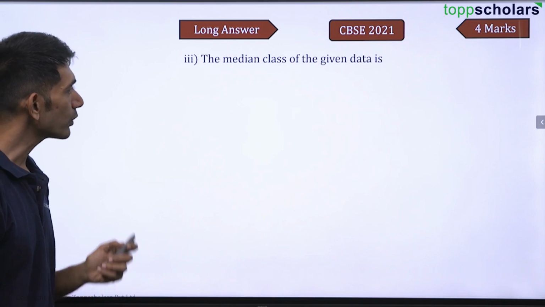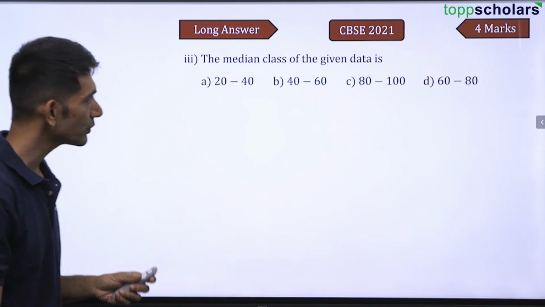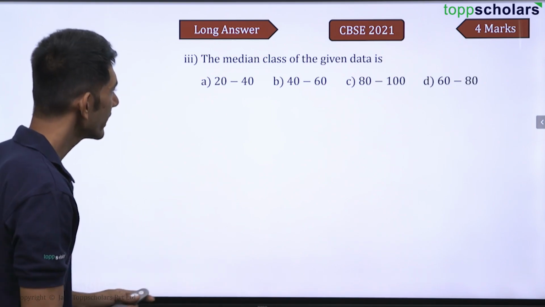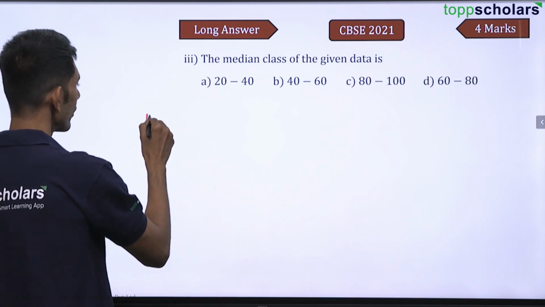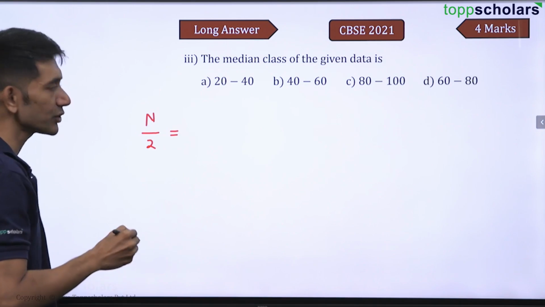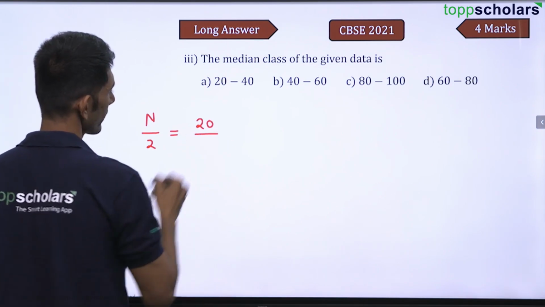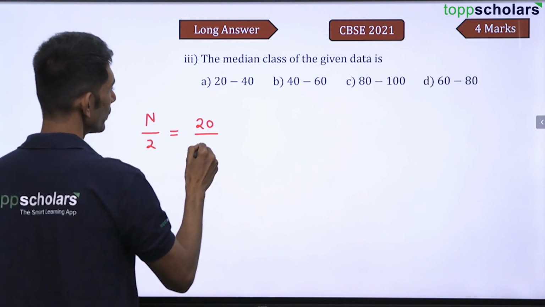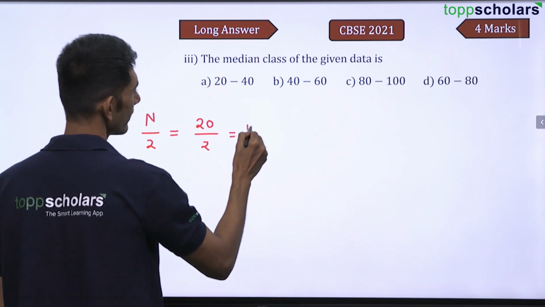Now we are supposed to find out the median class of the given data. This is the question. Median class. Now how do we find out median class? All we need to do is find out n by 2. So if you see the question, what is n? The total frequency was 20. Then 20 by 2 is 10, right?